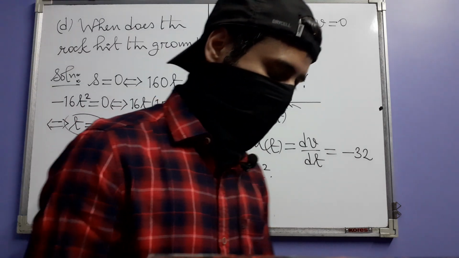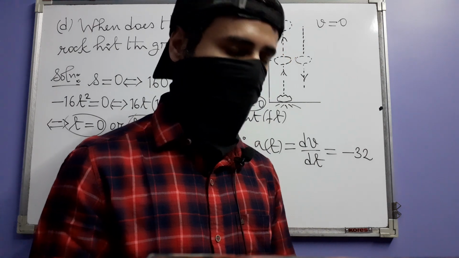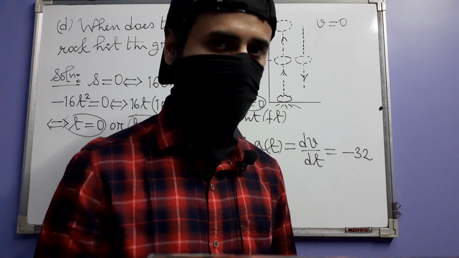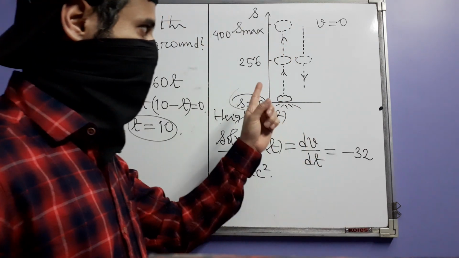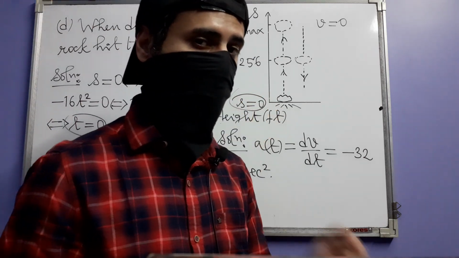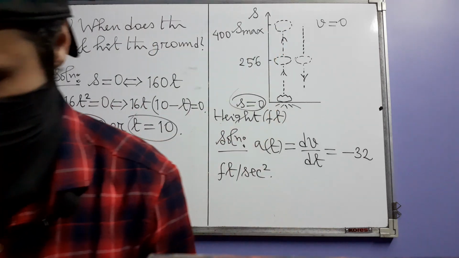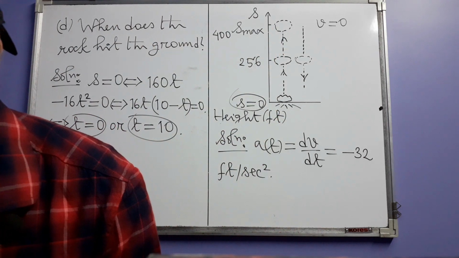If one draws the velocity versus time and position versus time curves of the motion of this rock simultaneously, then one gets these graphs.